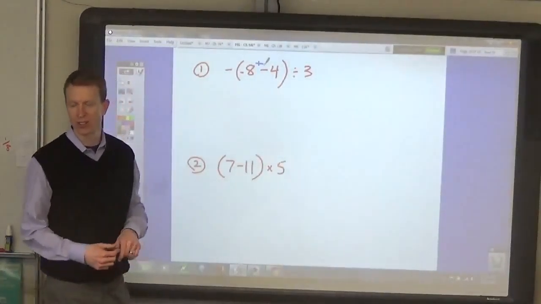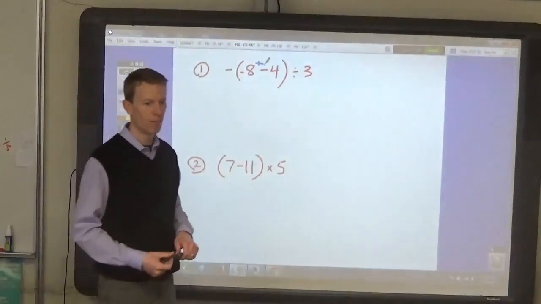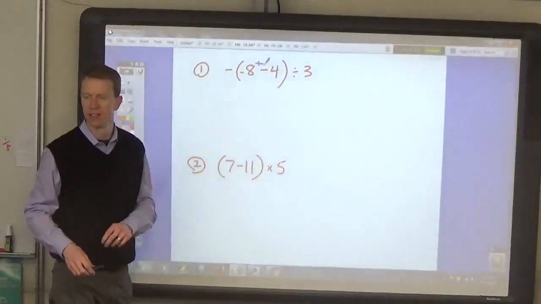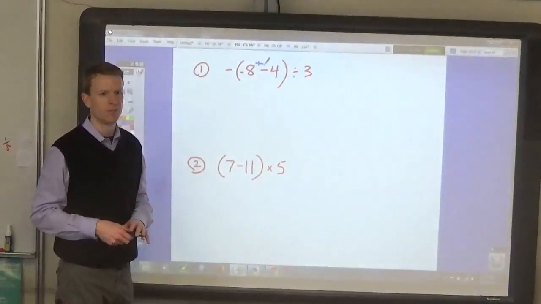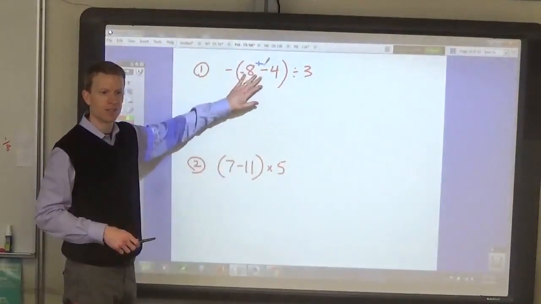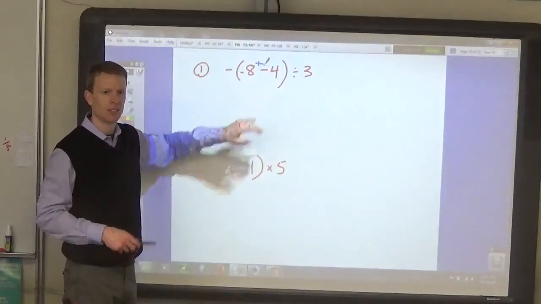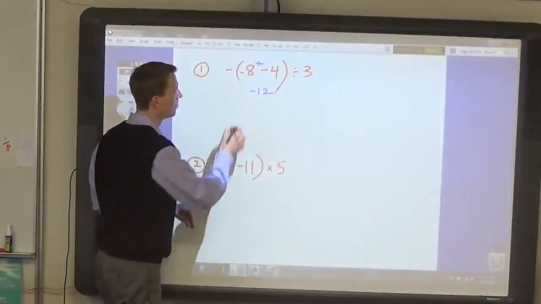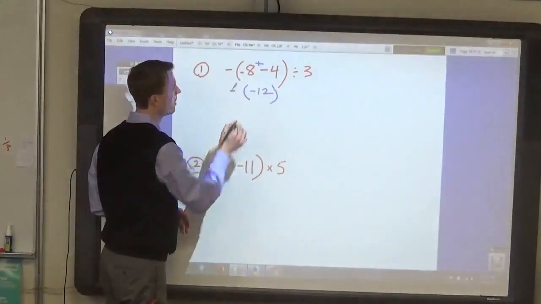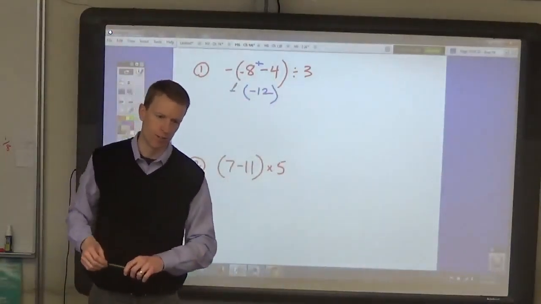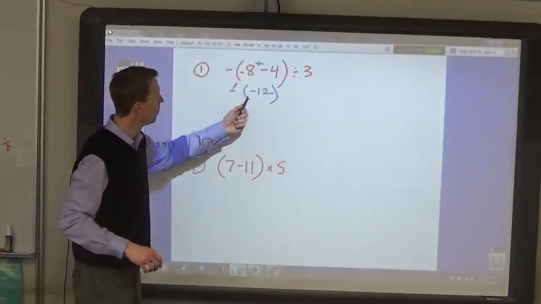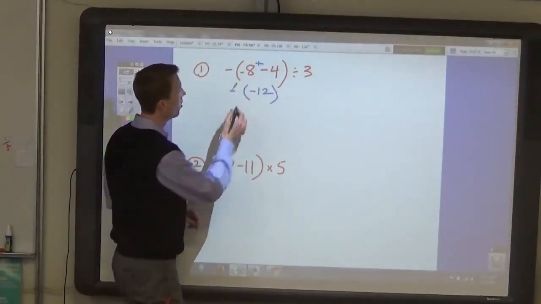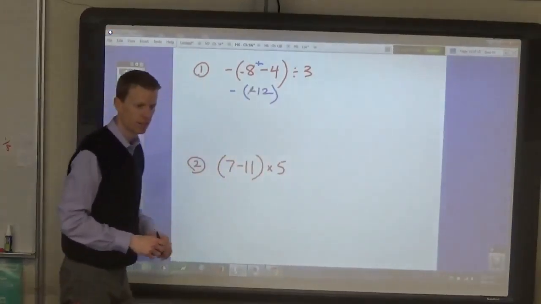Find number 1 on the other side. Tyler, put in a plus sign. Add these together. Right, negative 12. Now, there's a negative sign outside of the negative 12. What does negative mean?